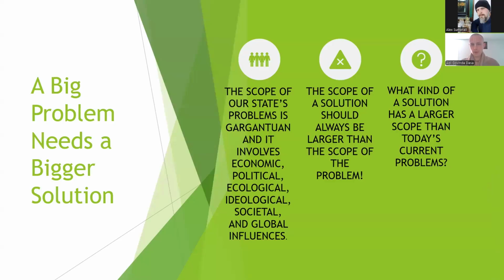So there's a brief overview of the scope of our state's problem, and it is gargantuan. It involves economic, political, ecological, ideological, societal, and global influences. And my proposition is that the scope of a solution should always be larger than the scope of the problem. And this begs the question, what kind of solution has a larger scope than today's current problems?